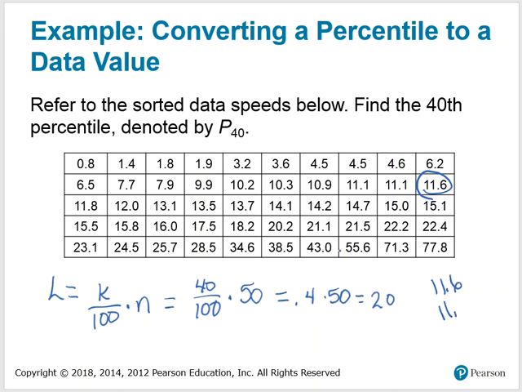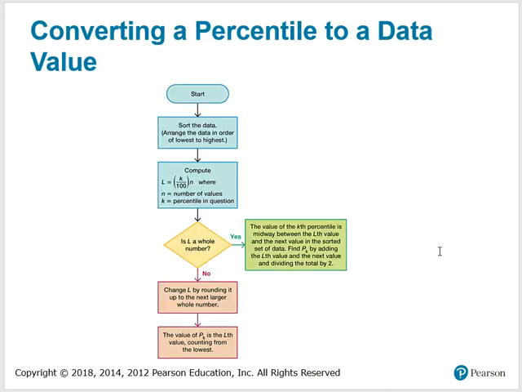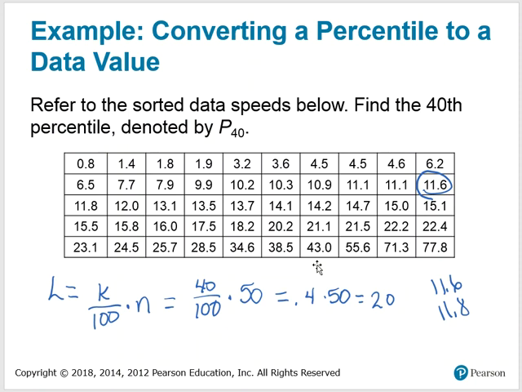The next one is 11.8, and we're going to add them up and divide by 2. So 11.6 plus 11.8 divided by 2 is 11.7.